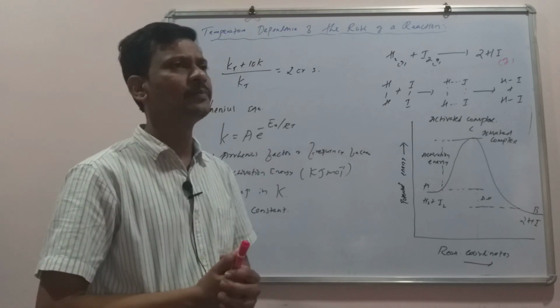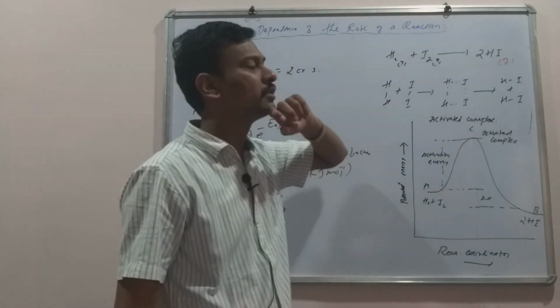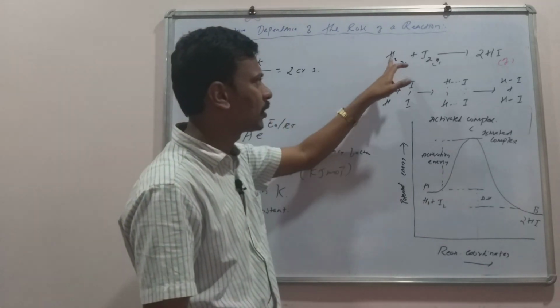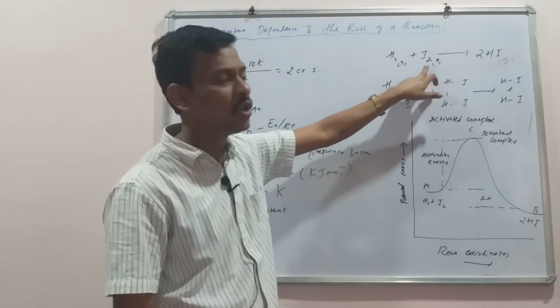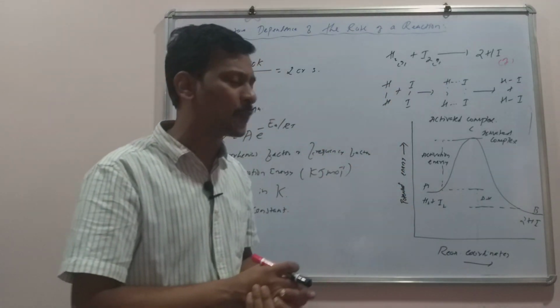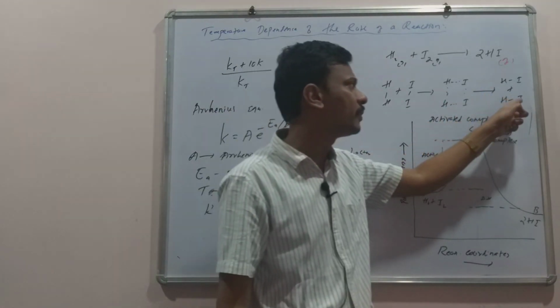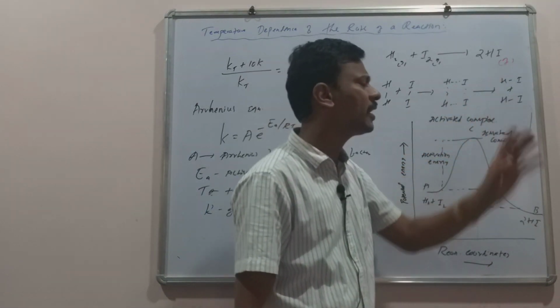According to him, H2 and I2 react to give 2HI. This reaction will take place only when a molecule of hydrogen collides with a molecule of iodine to form some intermediate complex, which is unstable and immediately gives the product.